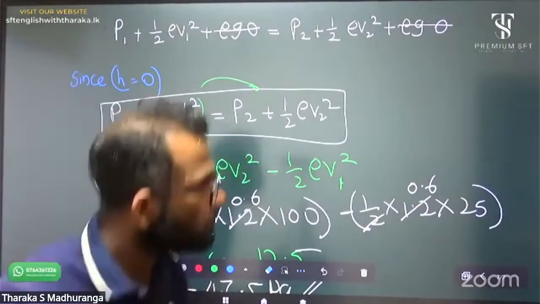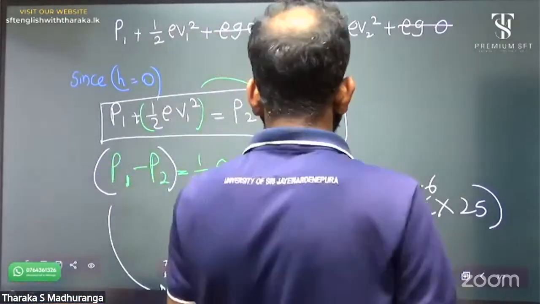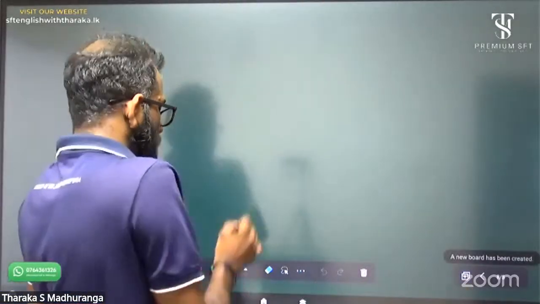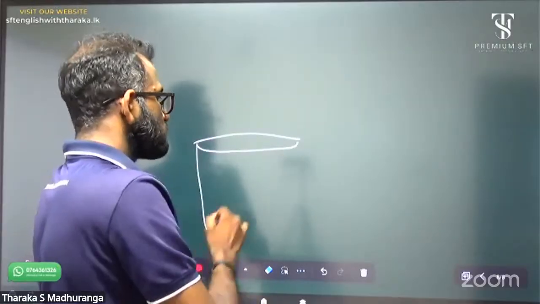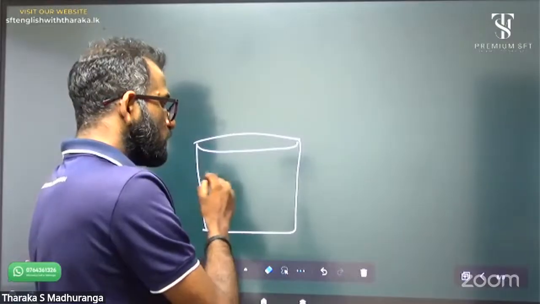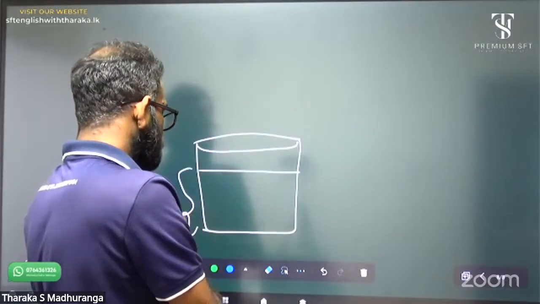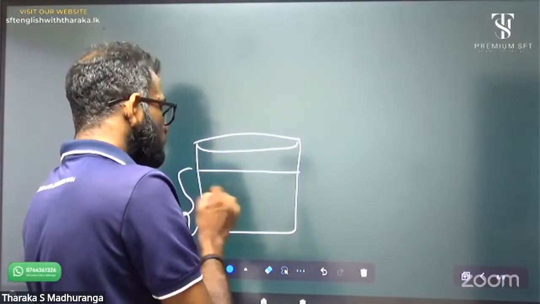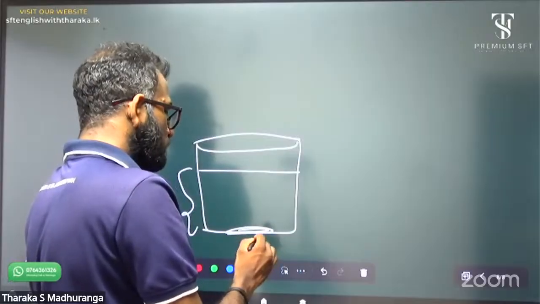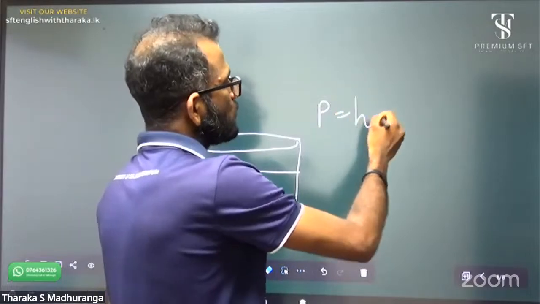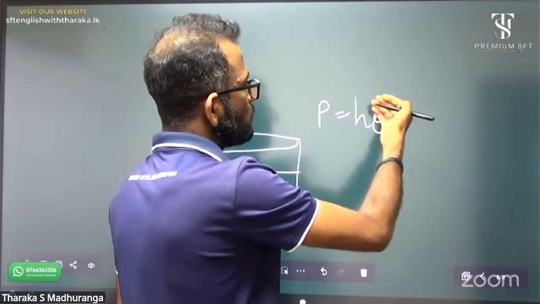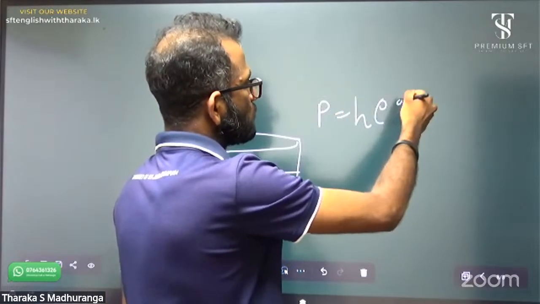Yes. It is not for Bernoulli's theorem. Think of this as an open water container with 5 meter height. The pressure exerted on the bottom is P equal H rho G, right?